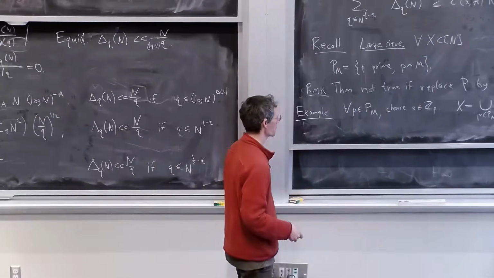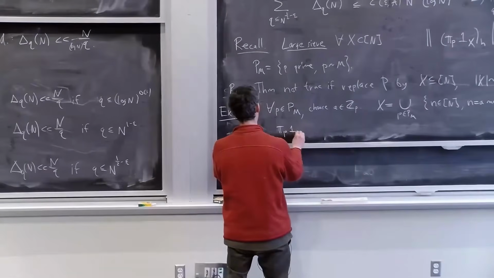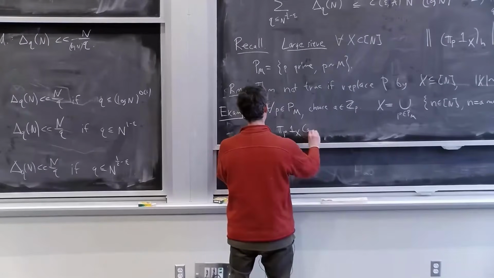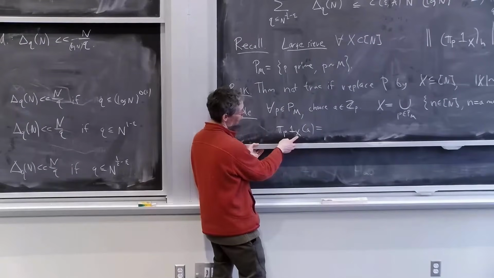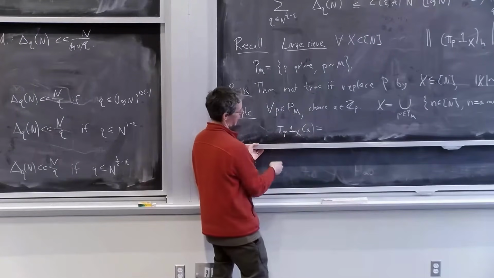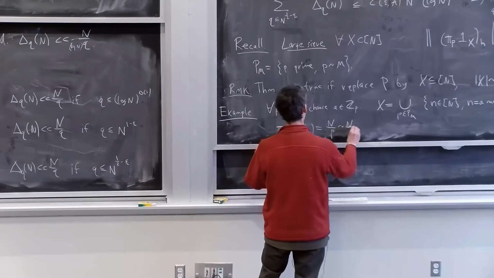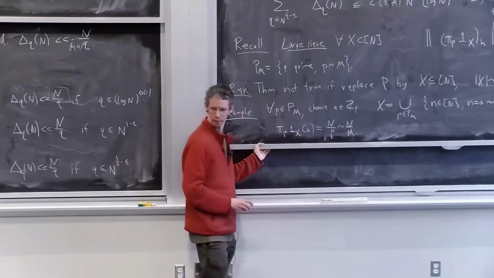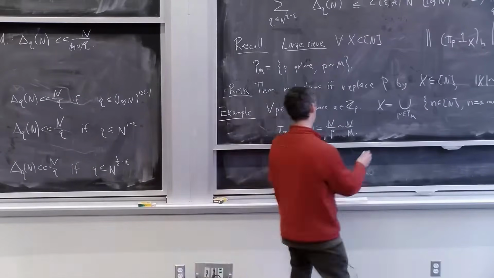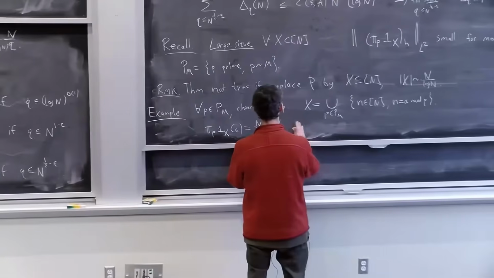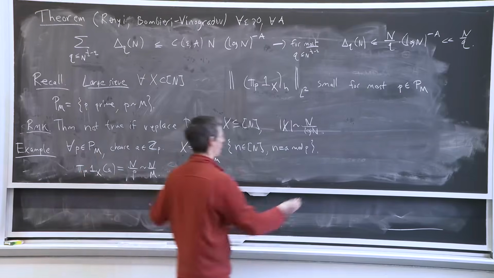OK. So if I were to take pi p 1x of a, well, x contains all the integers in this moduli class up to n. So this is basically n over p, which is around n over m. And that's much bigger than average. The average would be the size of, so actually, let's figure out the size of x.